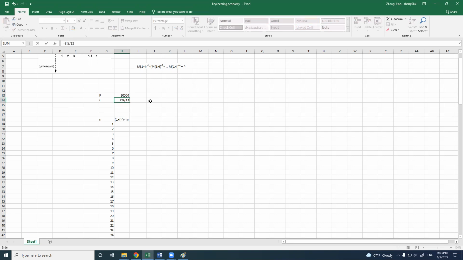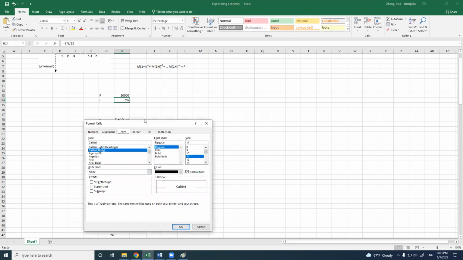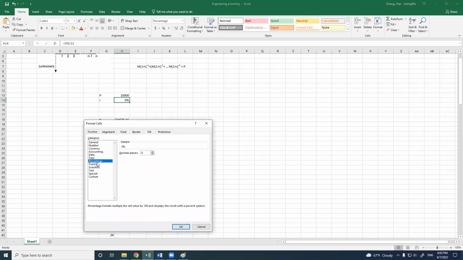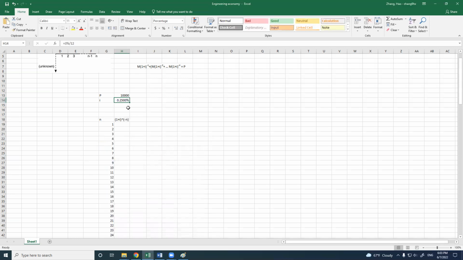I can use this to get a closer estimation of the monthly interest rate. Then we probably want to make it show more decimals, say 4 decimals. Now this is the percentage we get.